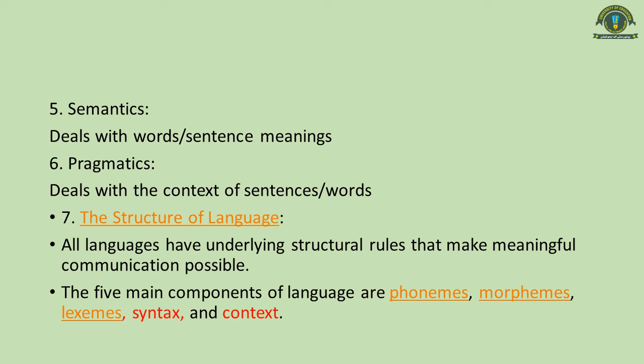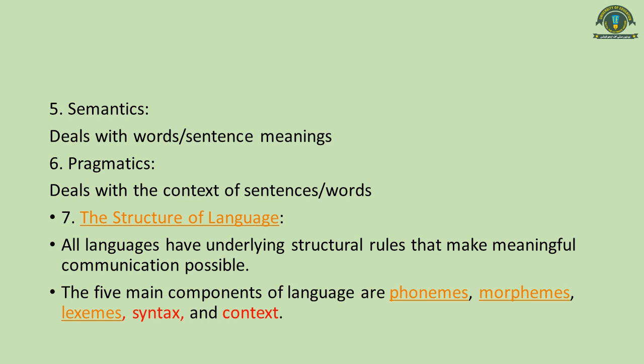Pragmatics actually deals with the context of sentences and words, as I have told you. The example of fire in a cinema or theater, or in charge of a 7-gun salute, shows that both contexts provide different meanings. The next one is the structure of language.